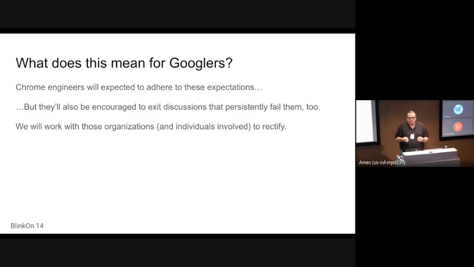But secondly, and for Chrome team members, I want to be really clear, this is at least as important. Expect that it means you shouldn't have an abusive environment to work in. If you're having trouble, if standards work is overly frustrating because you're working with people who don't always have the same goals, the same design constraints, the same backgrounds, they certainly don't always have the same ship cycles that you do, you can expect that there's disagreements.